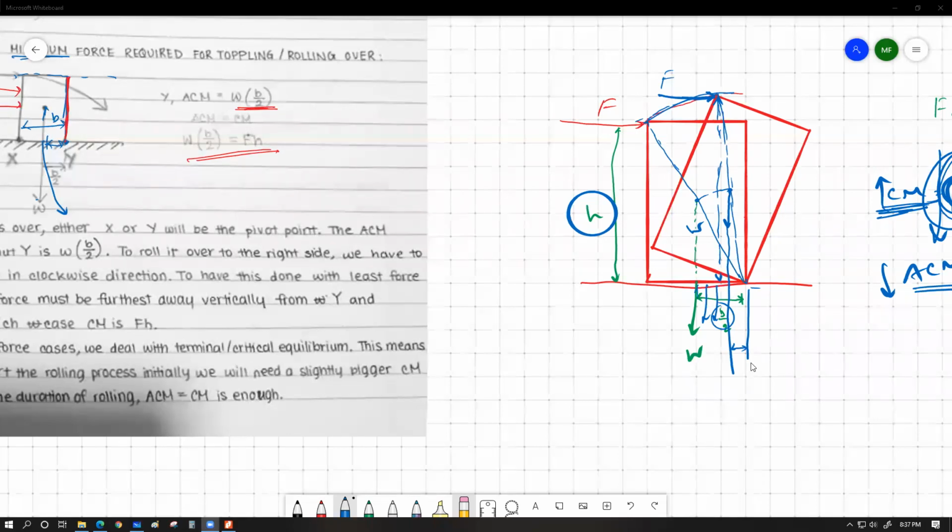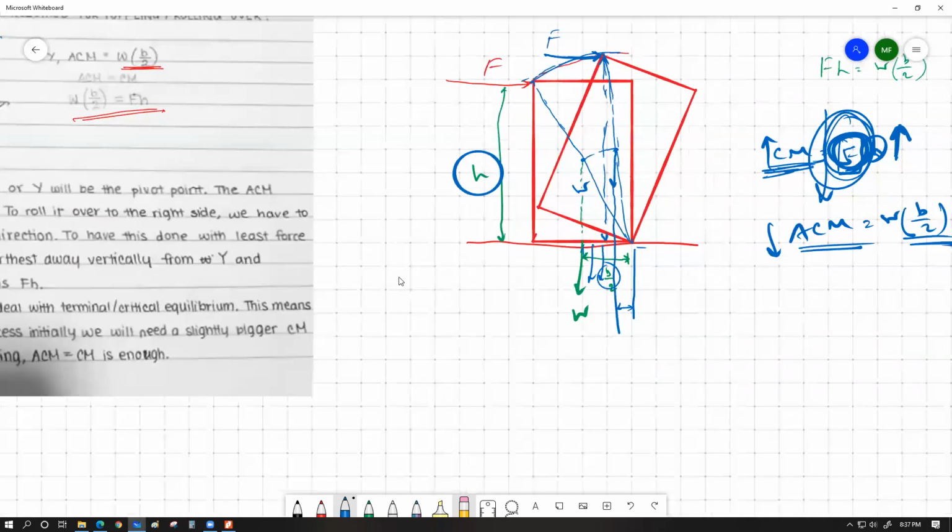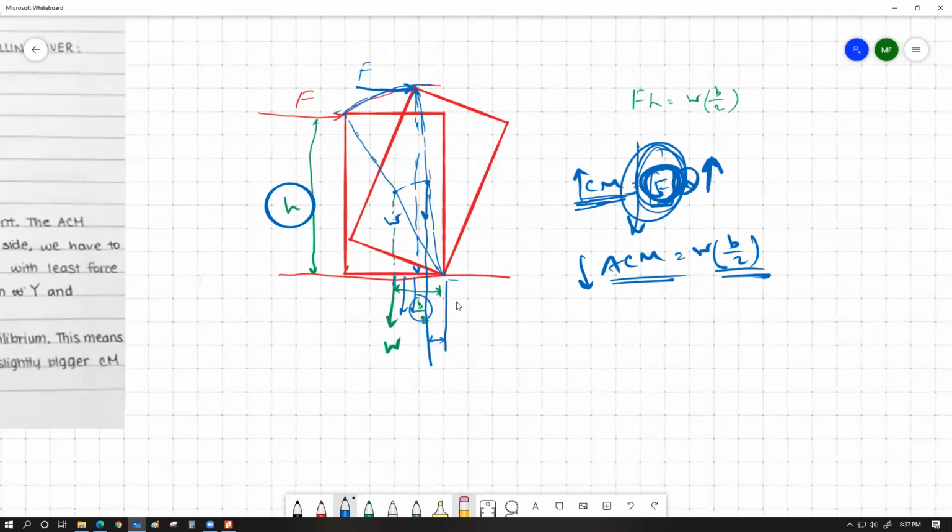Sir, will the rotation matter over here, sir? Yeah, the rotation does matter because it is because of the rotation that this perpendicular distance of the anti-clockwise moment was becoming less, and the h of the F h is becoming more.